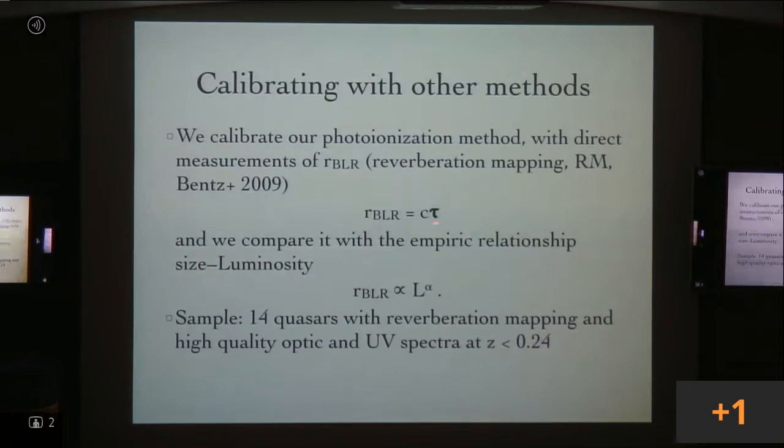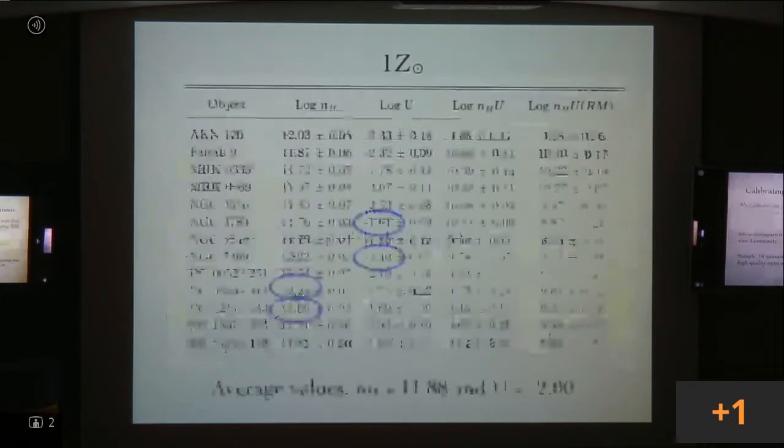The reverberation mapping is just to measure the time delay that it takes the continuum variation, and then we measure the time where the broad line varies. And this is another empirical relationship that relates the size of the broad line region to the luminosity of the quasar. And I'm not going to show you these fits. I'm going to show you only the results.